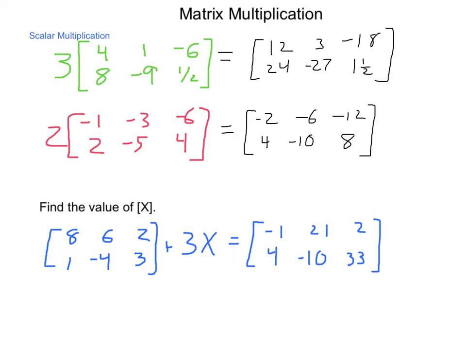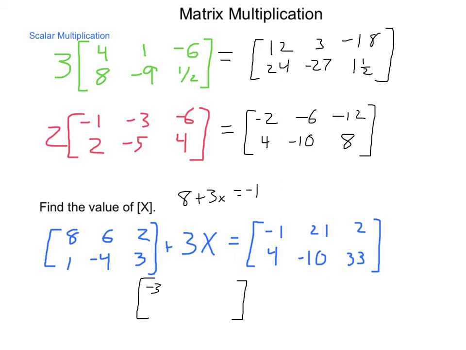So our first one involving 8 and negative 1, because our resulting matrix is going to be a 2 by 3 like the original two problems, we're going to take this 8, add 3x, and get negative 1. So that looks like 8 plus 3x equals negative 1, and solve it for x. So we're going to subtract 8 and divide by 3, giving us negative 3.